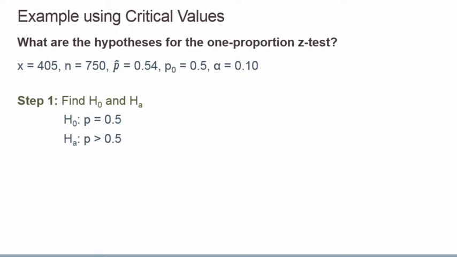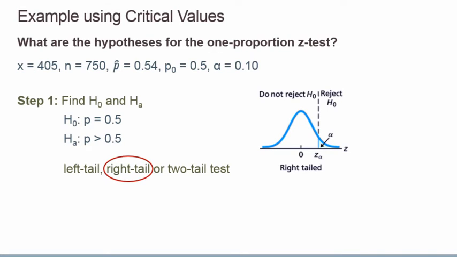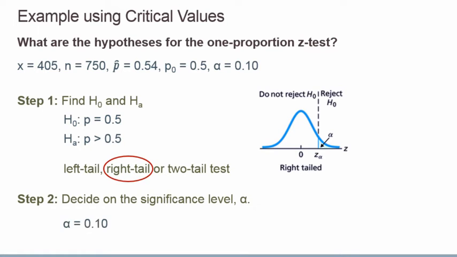Now we have to decide if we're dealing with a left-tailed, right-tailed, or two-tailed test. Since H sub a is greater than, it's a right-tailed test. Step 2, decide on the significance level alpha. We were told in the original problem that alpha is 0.1.